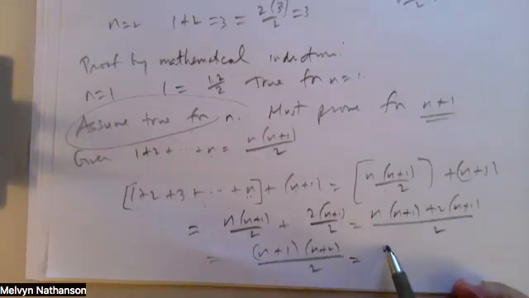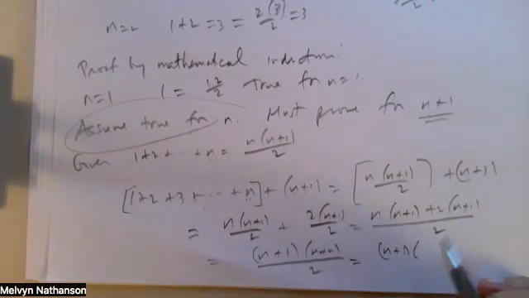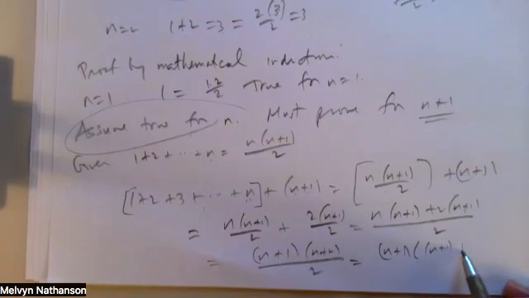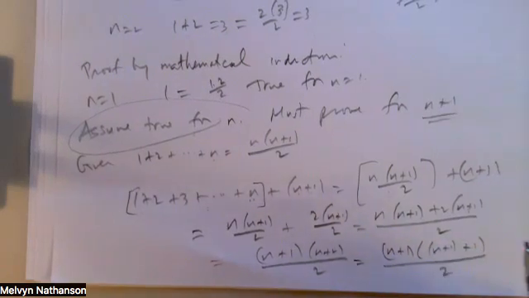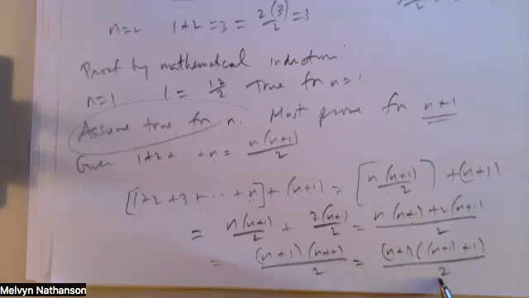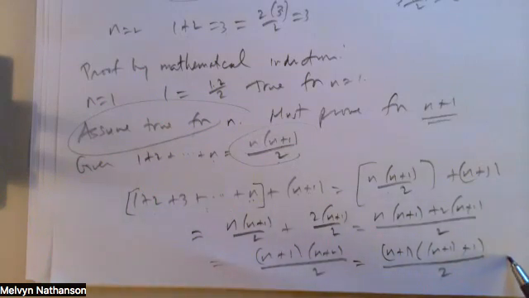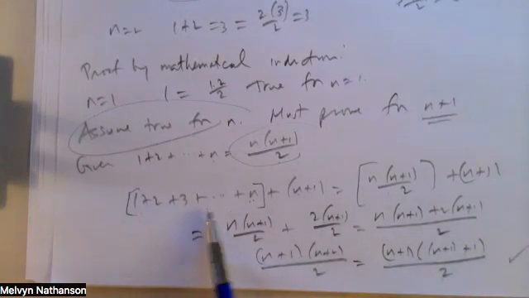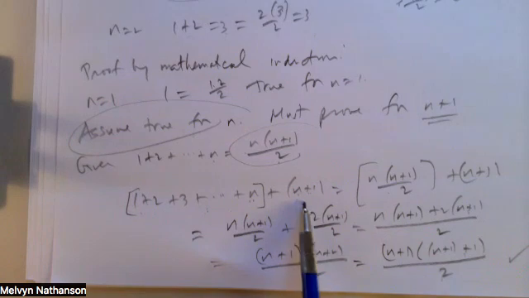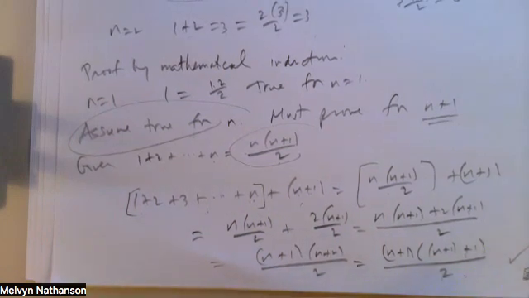And of course, n plus 2 is just n plus 1 plus 1. So this algebraic expression is what you would get from the formula if you replace n by n plus 1. And this is true: the sum of the first n plus 1 positive integers is this. So that's a proof by mathematical induction.